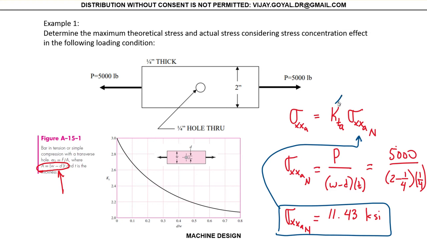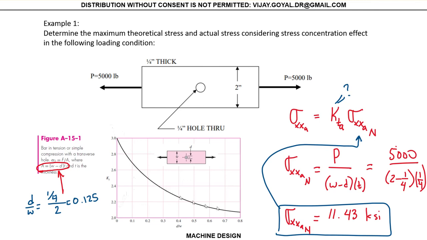Now we need to find what your stress concentration factor is. To find your stress concentration, I need D over W. D over W in this problem would be this D, a quarter inch, divided by the total width, that's 2 inches, and that gives you 0.125.